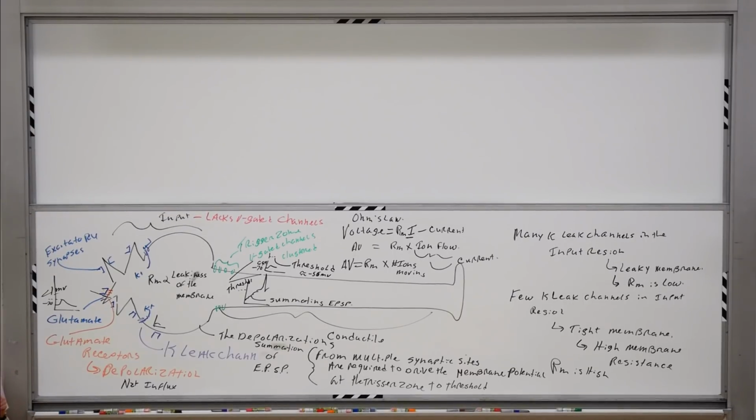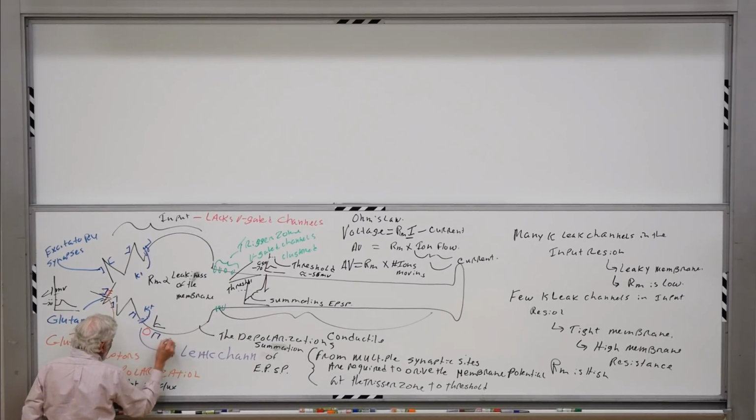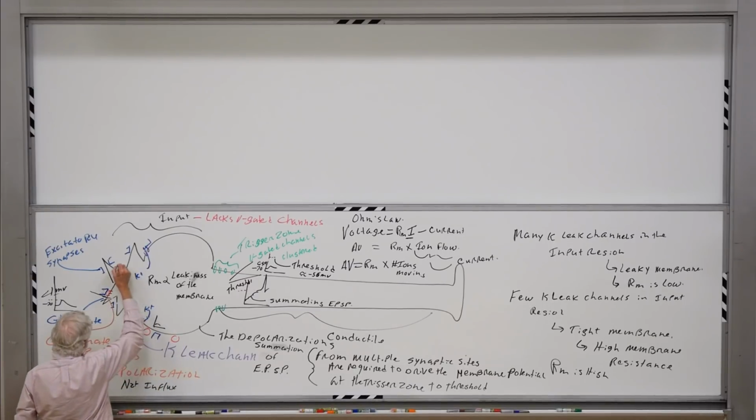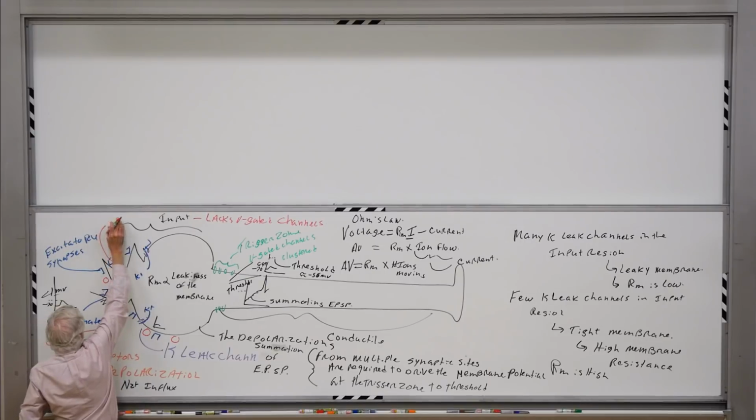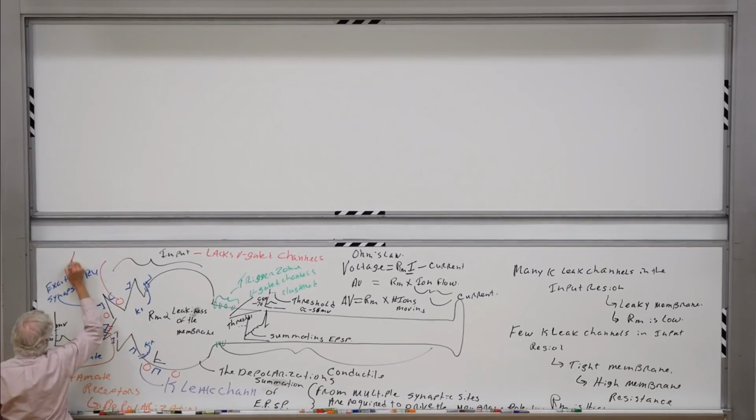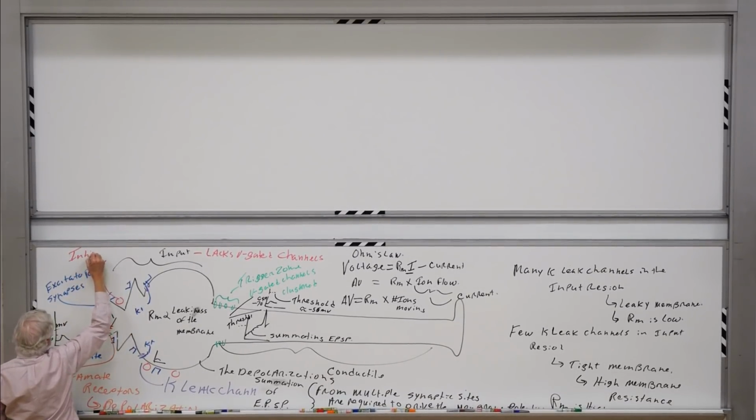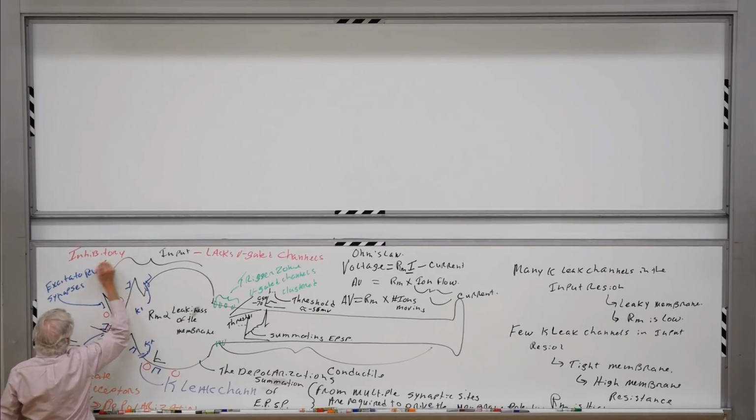Anything else? Okay, so what I'm going to do along this membrane is I'm going to put some red circles, and then I'm going to label the red circles as inhibitory synapses.